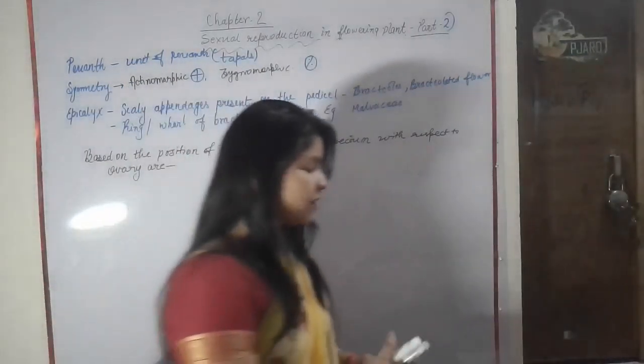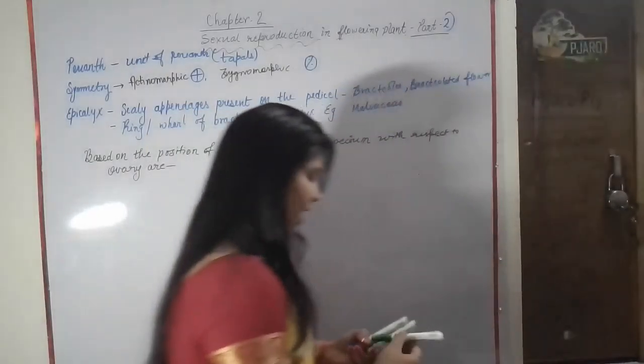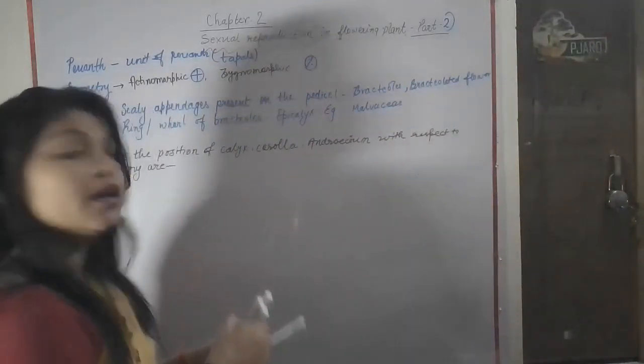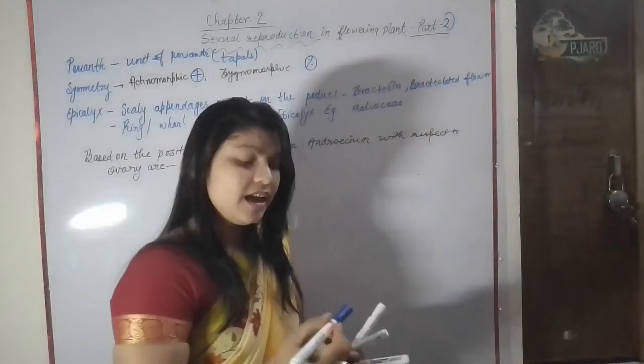So we have three things: one is the hypogynous condition, another is the perigynous condition, and last is the epigynous condition.